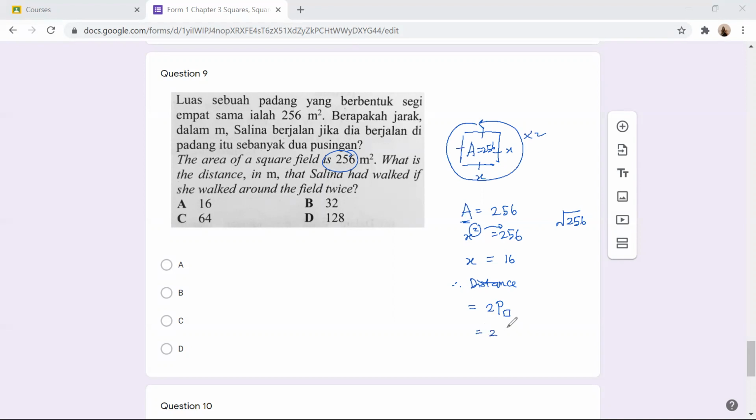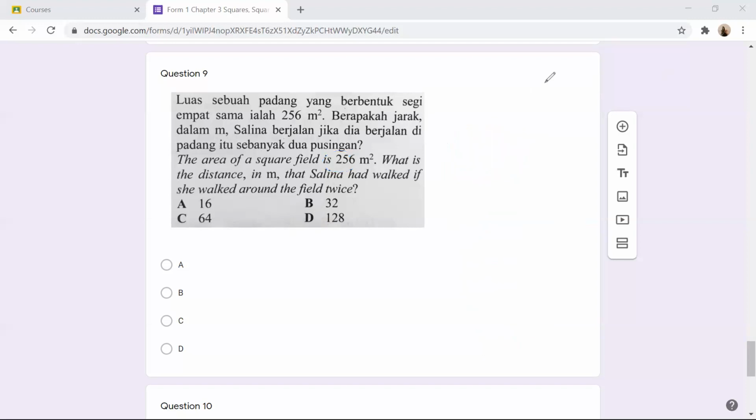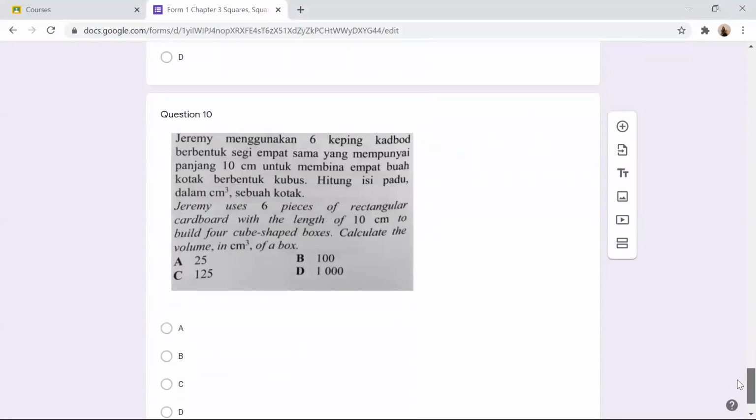Okay, and the perimeter will be 4 times the x, which is 16 here. So we have 2 times 64. Therefore, the answer is 128. D. Okay, so this is the solution for question number 9. Now let's move on to the last question.